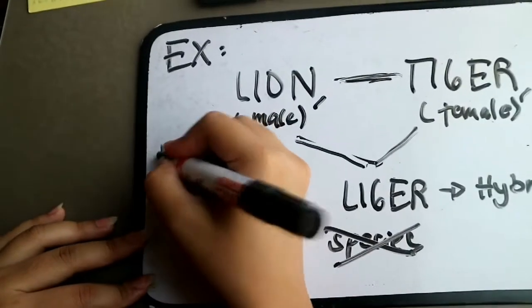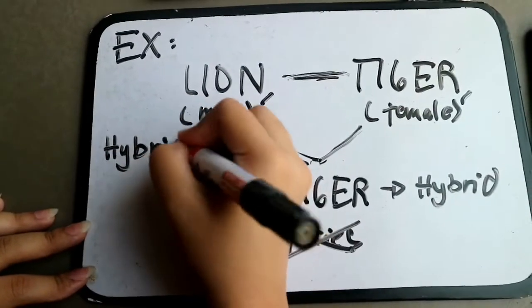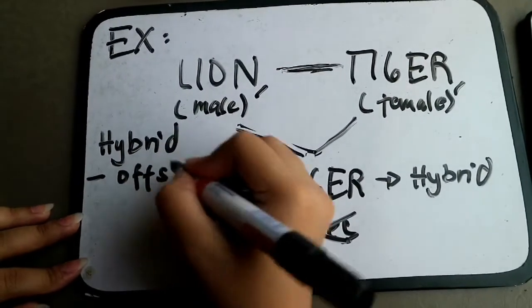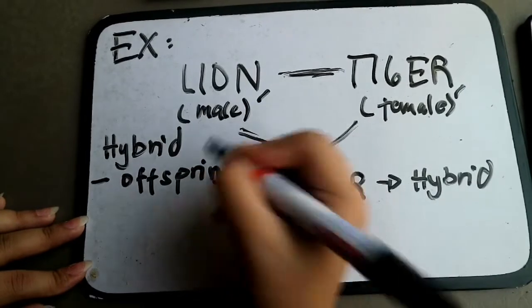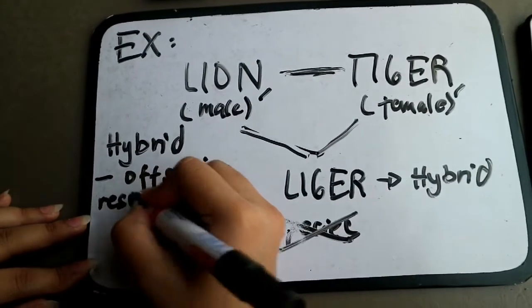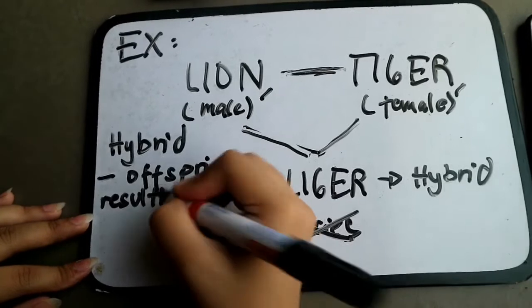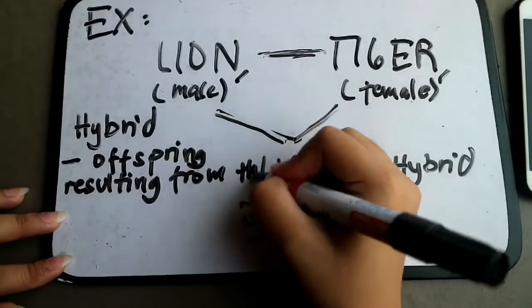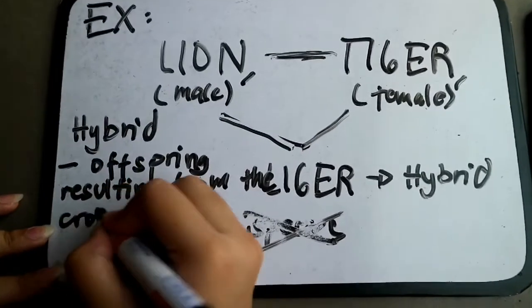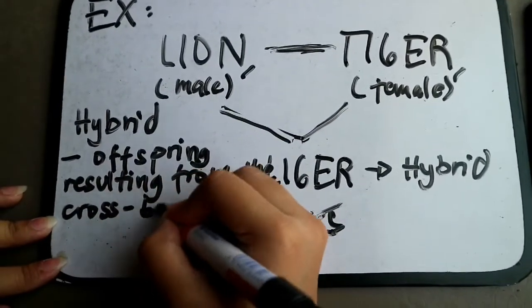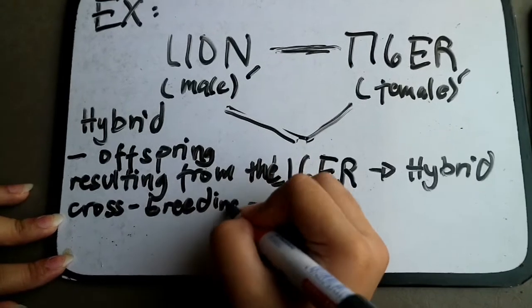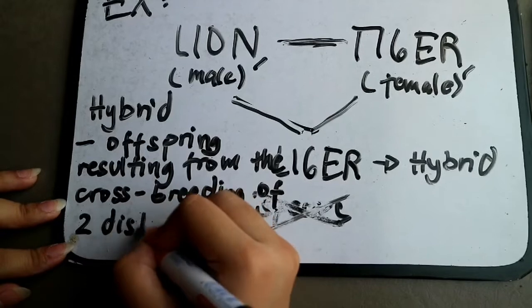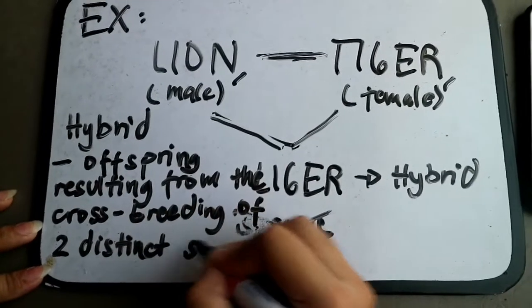So, a hybrid is an offspring resulting from the crossbreeding of two distinct species.